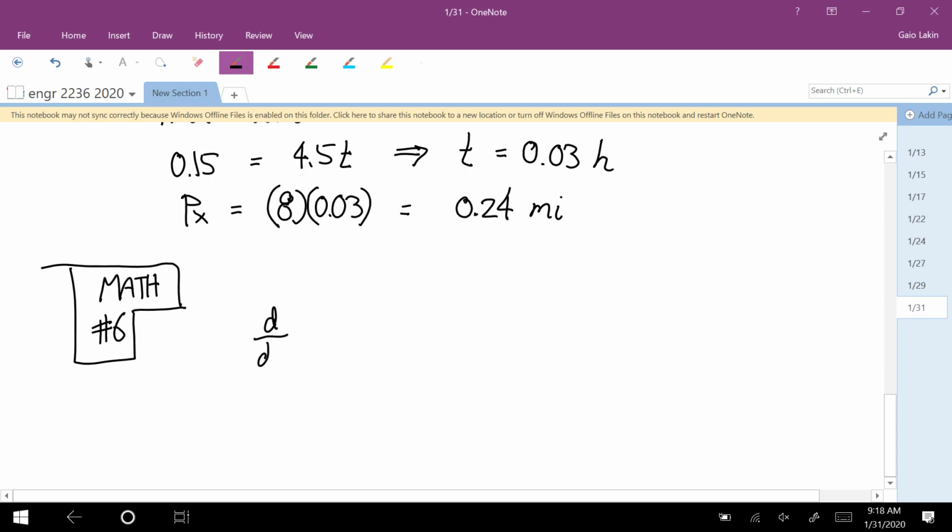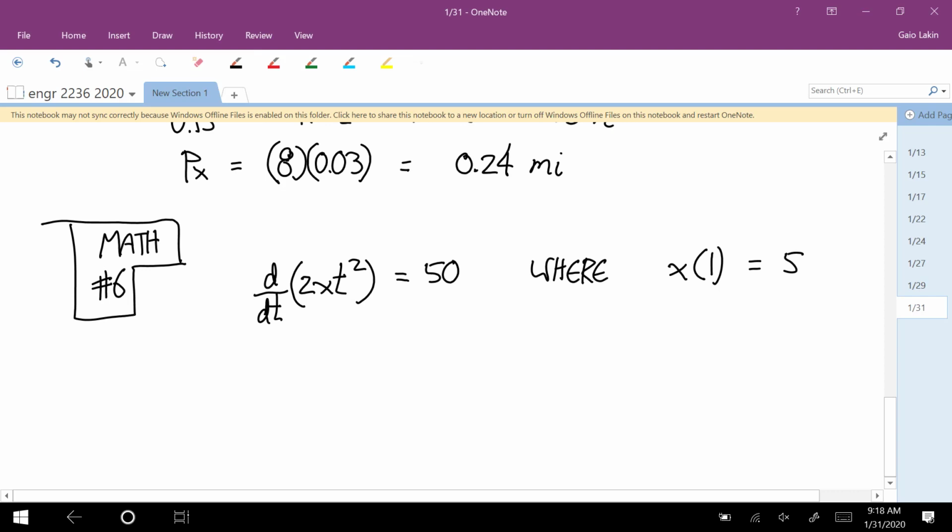Okay, so d/dt of the quantity 2xt squared is equal to 50, where at time 1, x is equal to 5. Well, the first thing you might think is take the derivative and see what you can do.